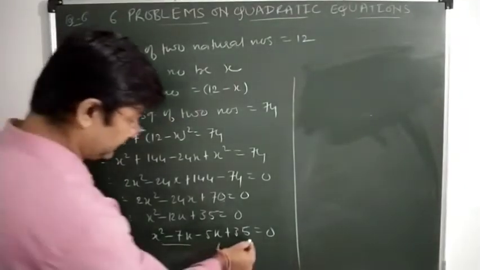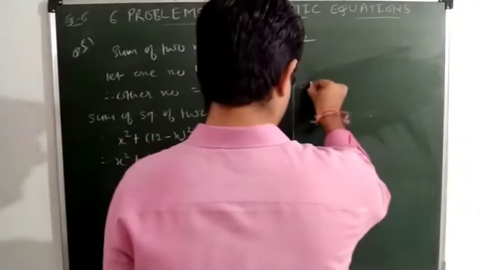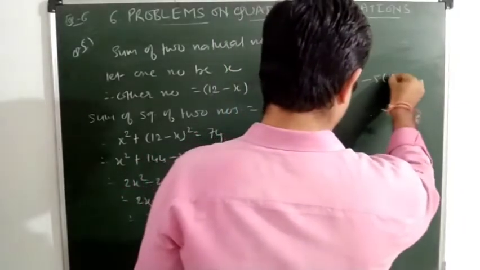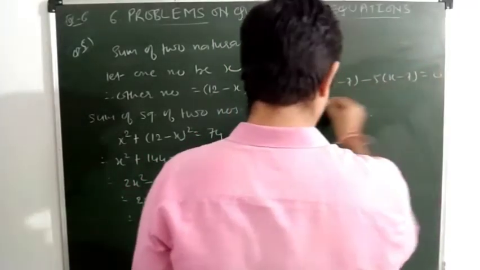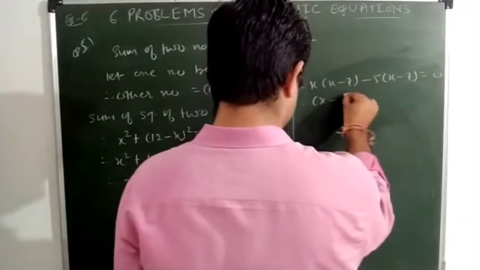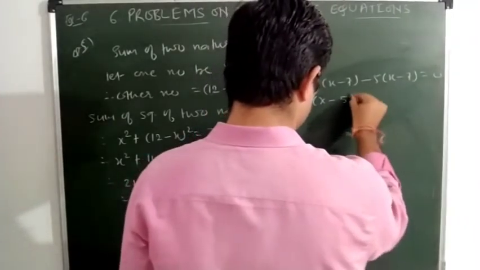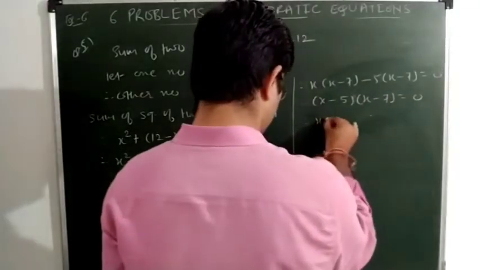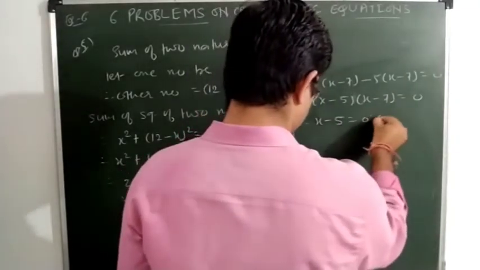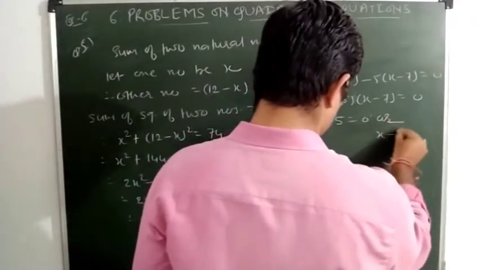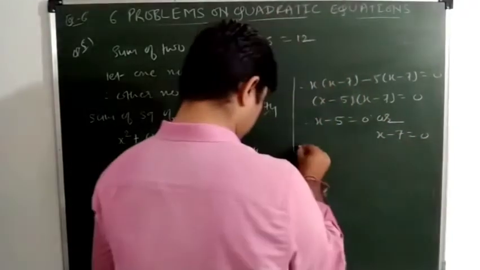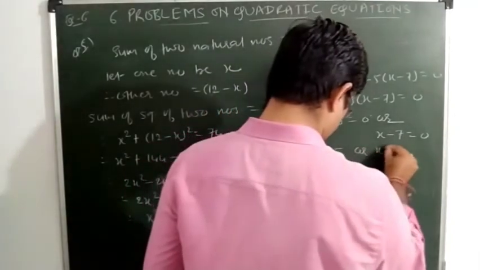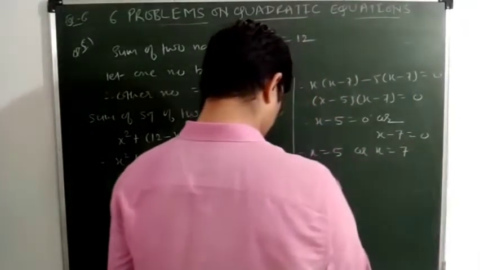Therefore x into x minus 7 minus 5 into x minus 7. Therefore x minus 5 into x minus 7 is equal to 0. Therefore x minus 5 is equal to 0 or x minus 7 is equal to 0. Therefore x is equal to 5 or x is equal to 7.